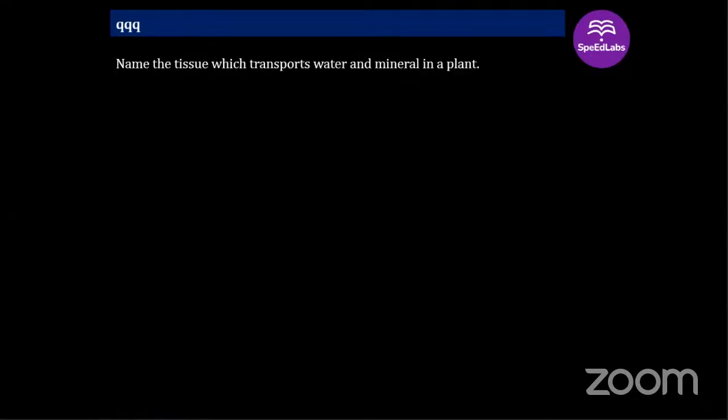Next. Name the tissue which transports water and minerals in a plant. Now, answers in the chat box, please. Good, Arushi. Correct answer, Devanshi. Good, Palak. Correct answer, Sanskriti.